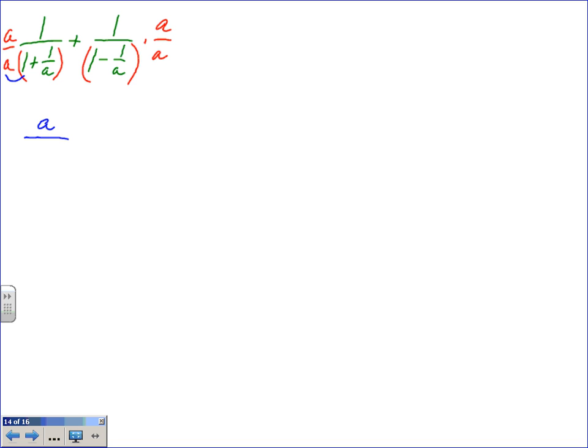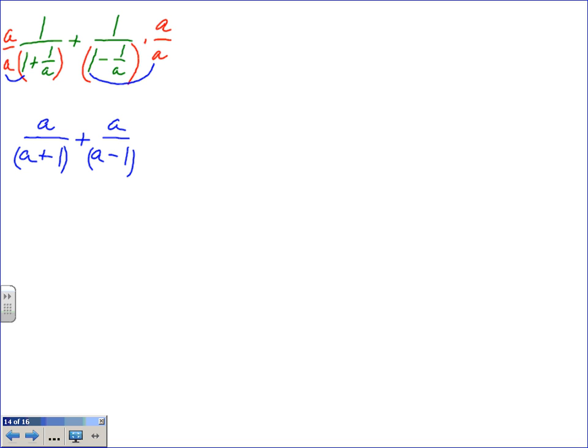On the bottom, a times 1, a, plus what? 1. Sure, the a's will cancel. Plus, 1 times a is a, over a times 1 is a, minus 1. Common denominator is a plus 1, a minus 1. Exactly. And then we can go from there.